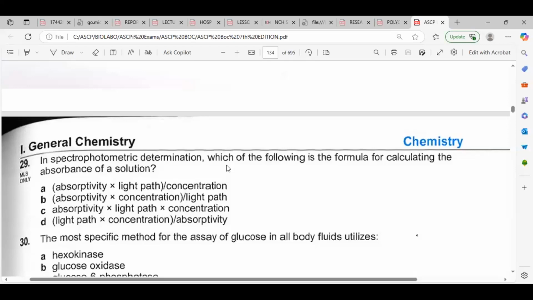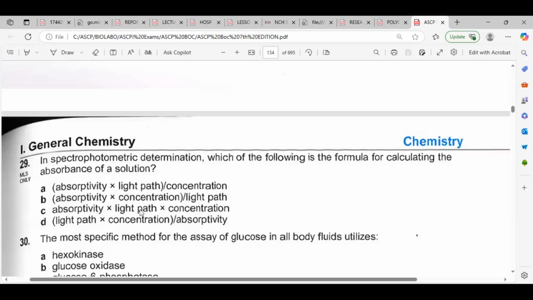It's times. There's no division or addition, because when we are trying to determine absorbance in a spectrophotometer, what you are trying to discover is absorptivity of the sample. Absorptivity is like how good the sample can absorb light. Then light path is a distance.